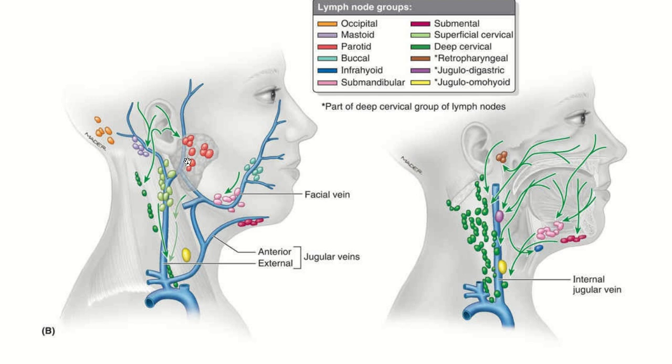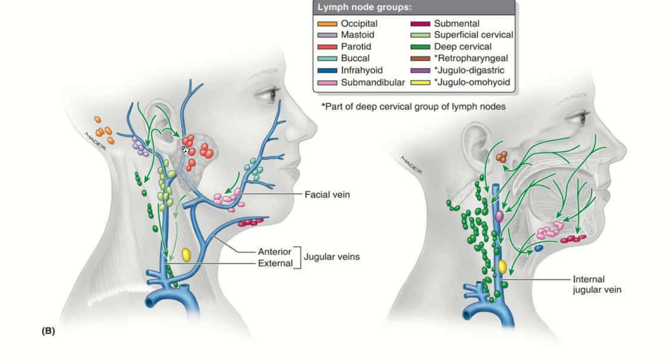So when you look at the structure of the lymph nodes, these are your parotid lymph nodes. The anterior portion of the external ear drains into the parotid lymph nodes. And then the posterior portion of your external ear is going to drain into two groups of lymph nodes, one being your mastoid lymph nodes right here, and the other your superficial cervical lymph nodes.